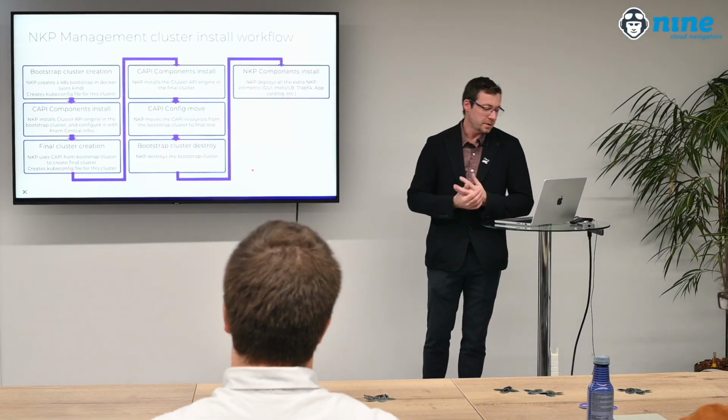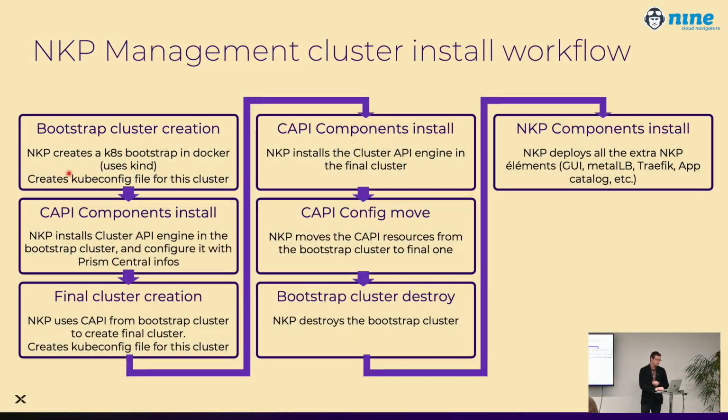How are we going to install that? If you're going to use the Nutanix platform or Nutanix NCI, we start with a bootstrap cluster creation. This is not a process you need to do manually. It's completely automated. If I think back on my times, I was running around 30, 40 Kubernetes clusters on an open source basis with containerd, and I had to do all that by myself manually.